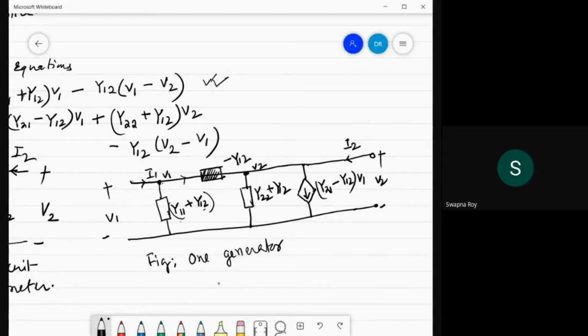Shagnik? Yes, ma'am. Any doubt? No ma'am, no doubt. Please try to draw the equivalent circuit in your copy and show me.